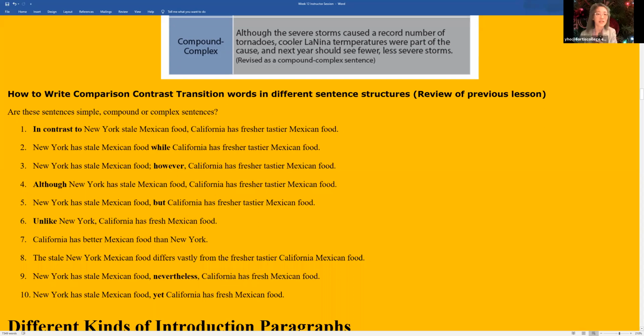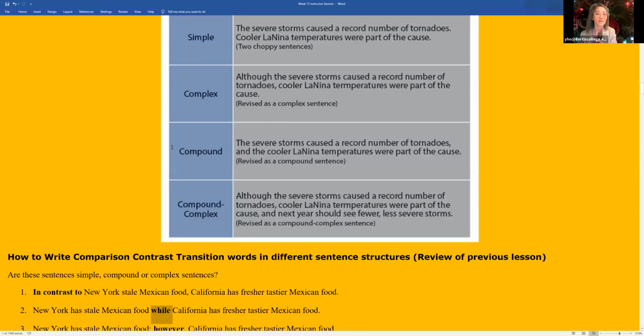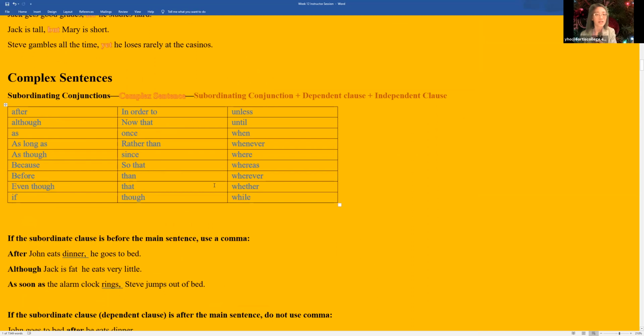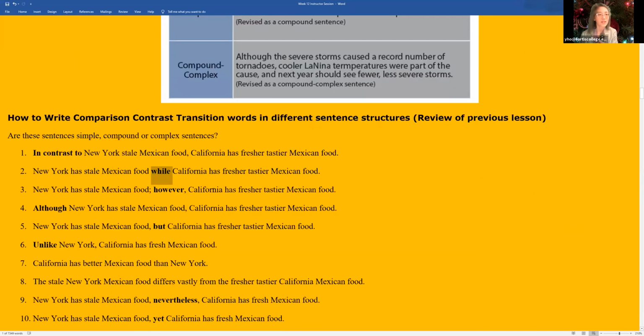The difference is that the word while is a subordinating conjunction. And so if you know all your subordinating conjunctions, then you know what is a complex sentence and what is a compound sentence. And the difference is in the way you would talk. New York has stale Mexican food, while California has fresher, tastier Mexican food. So that means that I want to emphasize the fact that New York food is bad, but California has better food.